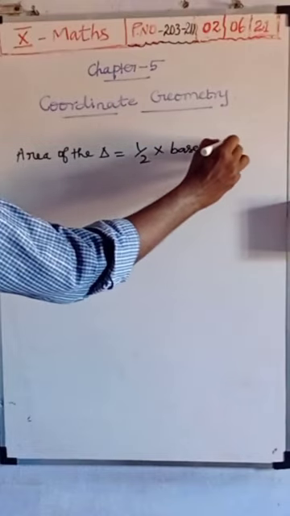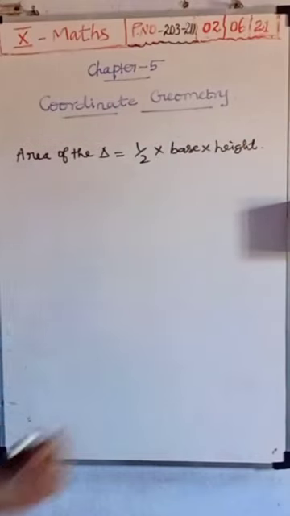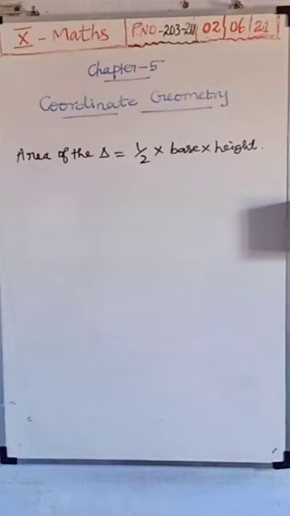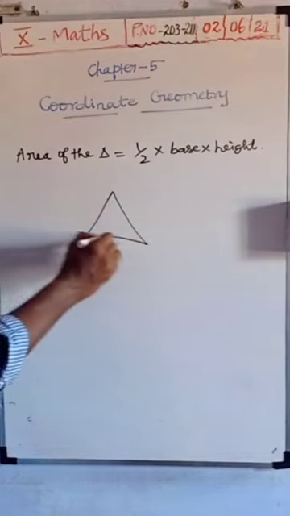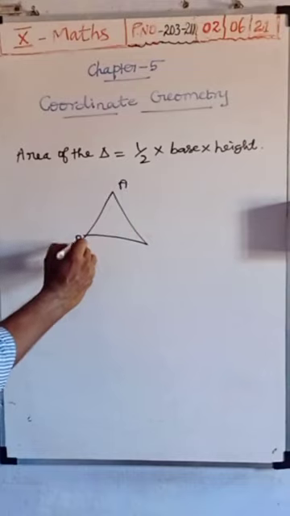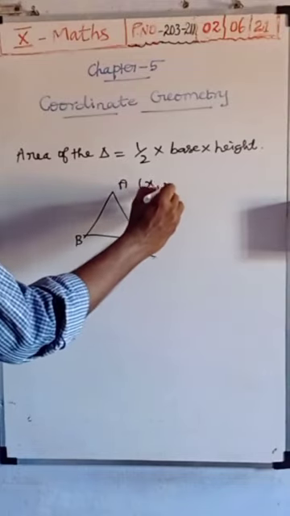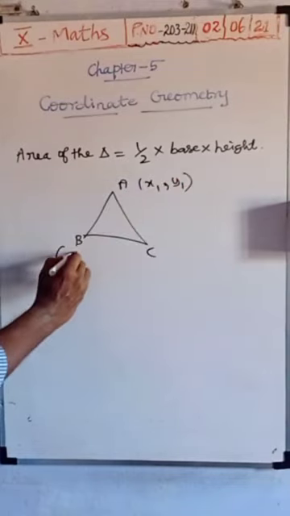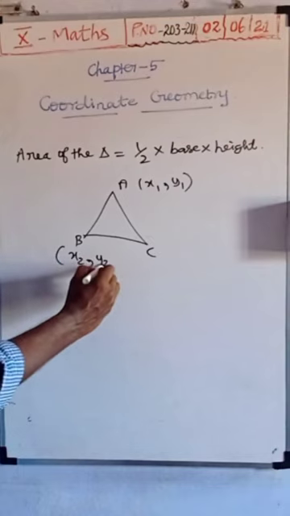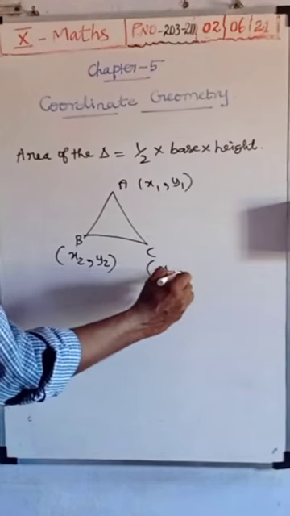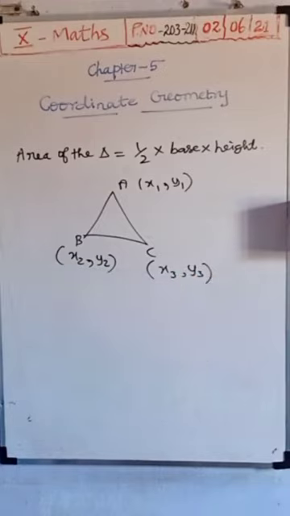Everybody knows this formula. Now suppose in a triangle 3 points A, B, C are given. A is x1 comma y1, B is x2 comma y2, C is x3 comma y3. Using these 3 points, how do we get the area of the triangle?